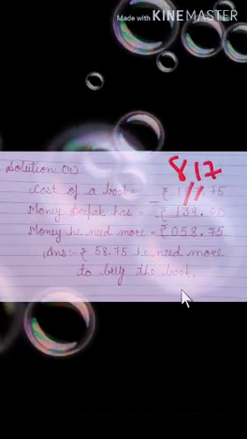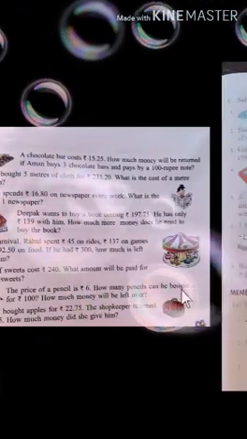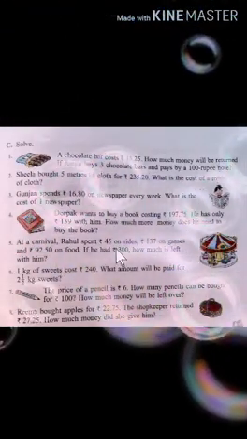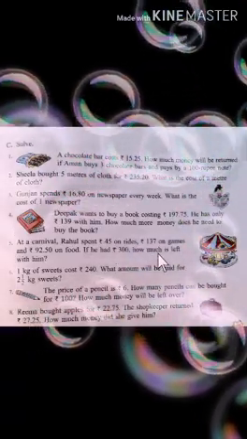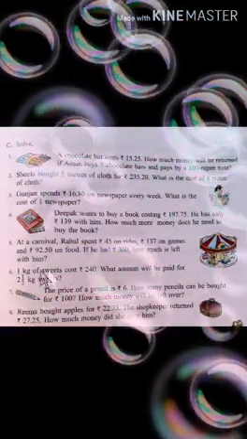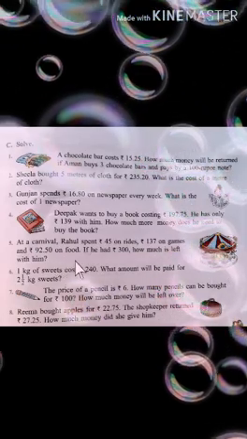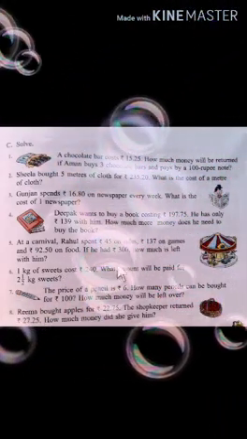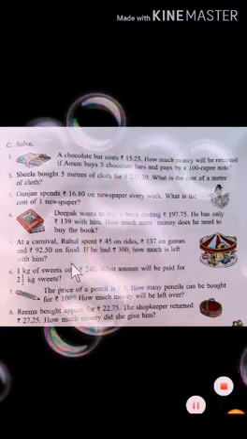Now check question 5. At a carnival, Rahul spent rupees 45 on a ride, rupees 137 on games, and rupees 92 and 50 paise on food. If he had rupees 300, how much is left with him? Students, check it. How will you do it?